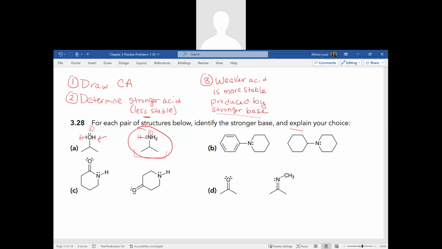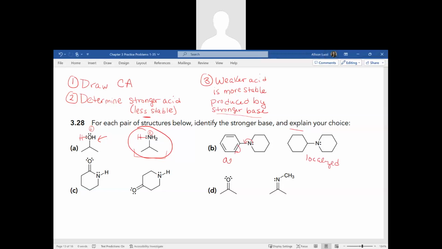So let's take a look at B here. The first base would have a lone pair that is delocalized due to resonance. So we could draw multiple resonance structures here. Right? The second compound does not have a delocalized lone pair. It's localized.